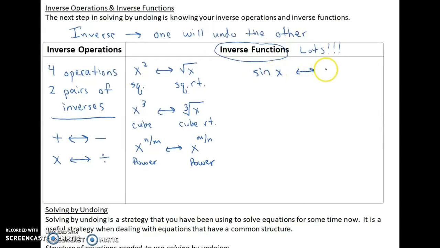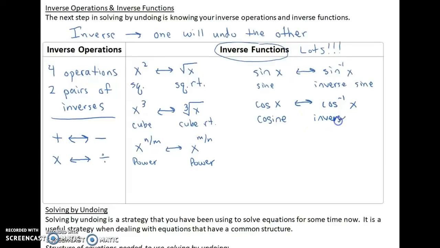Some other ones that we're going to use are trig functions. If you have sine of x and you need to undo that to solve for x, we would use inverse sine. You also see it as arc sine, but for our purposes, we're just going to use inverse sine with a little -1, which looks like an exponent, but really it's indicating an inverse. You see that on your graphing calculators or your scientific calculators. Same thing with cosine and inverse cosine.